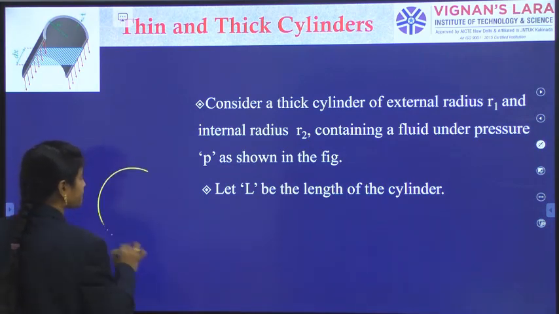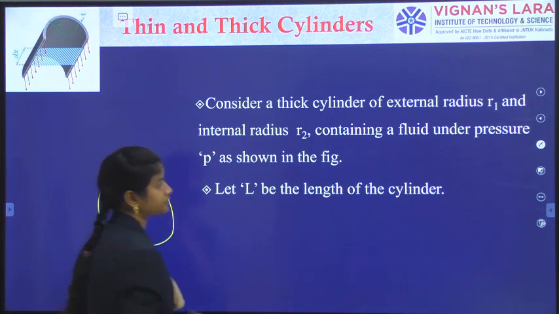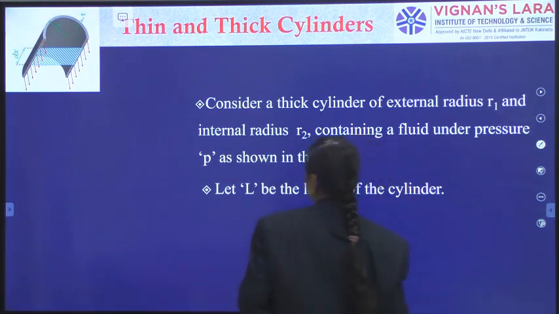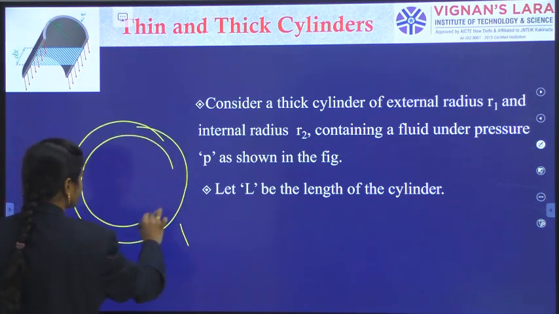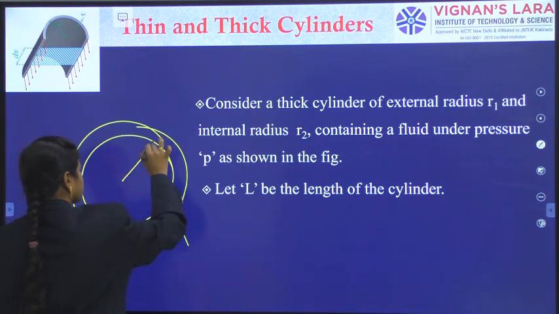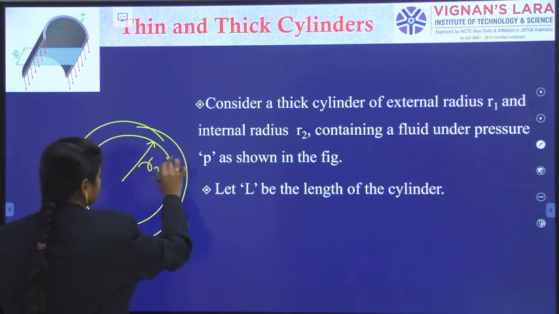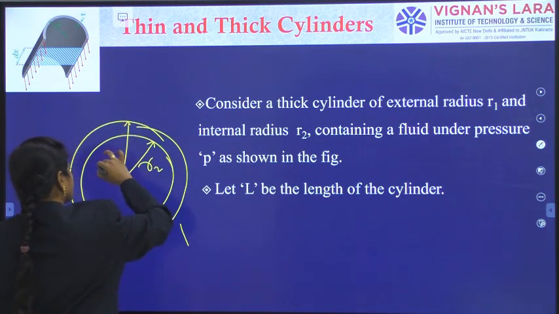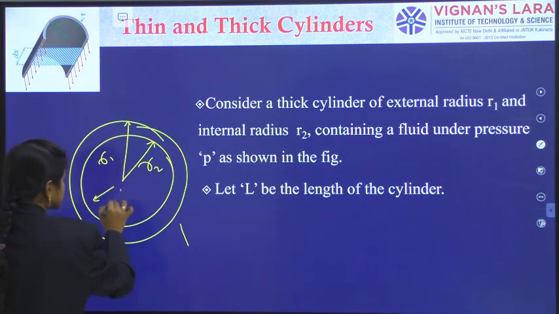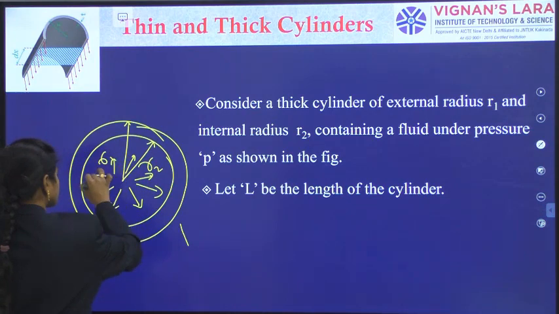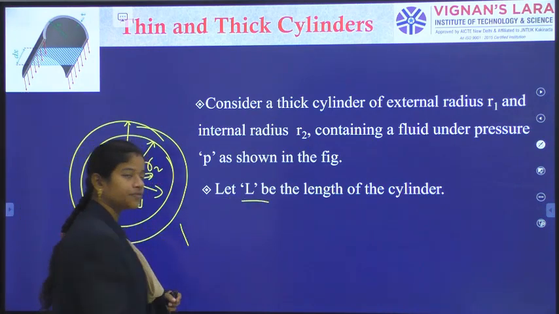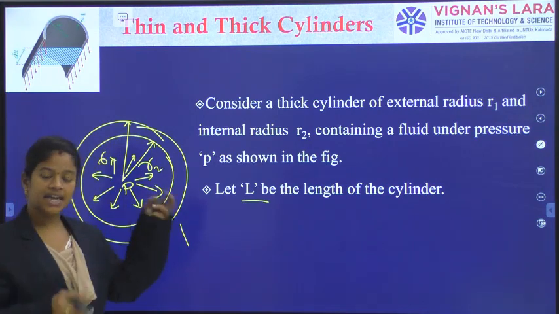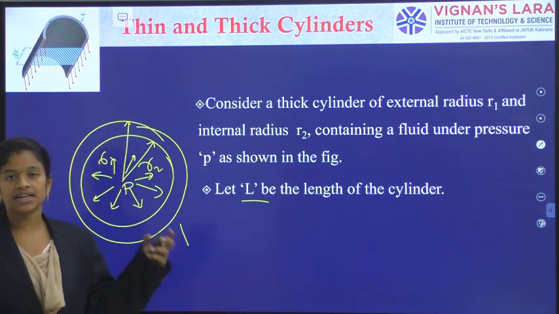So I am considering a cylinder having a fluid which is causing a pressure of P, and let capital L be the length of the cylinder. Okay, it is having some length, some fluid, and an internal radius and external radius.